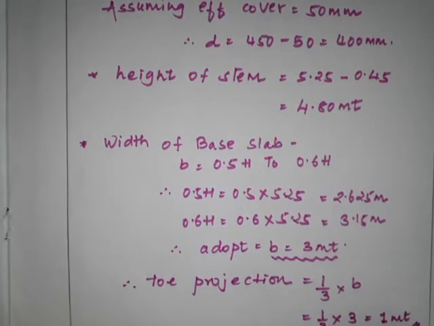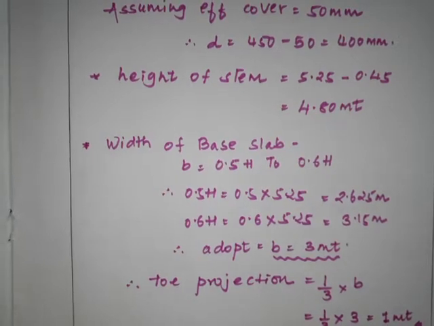So the toe projection beyond the stem is 1 meter. So this is regarding the fixing of dimensions. Okay, now we'll proceed with the design part. After fixing the dimensions we have to proceed with design part.